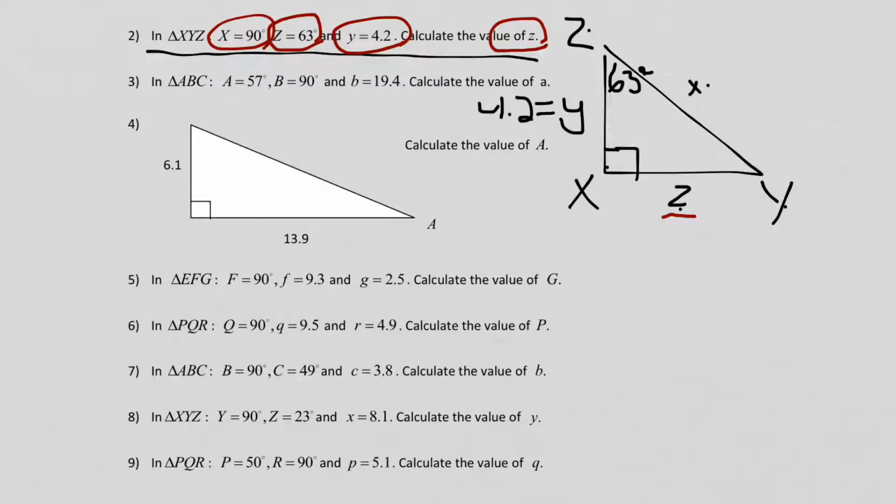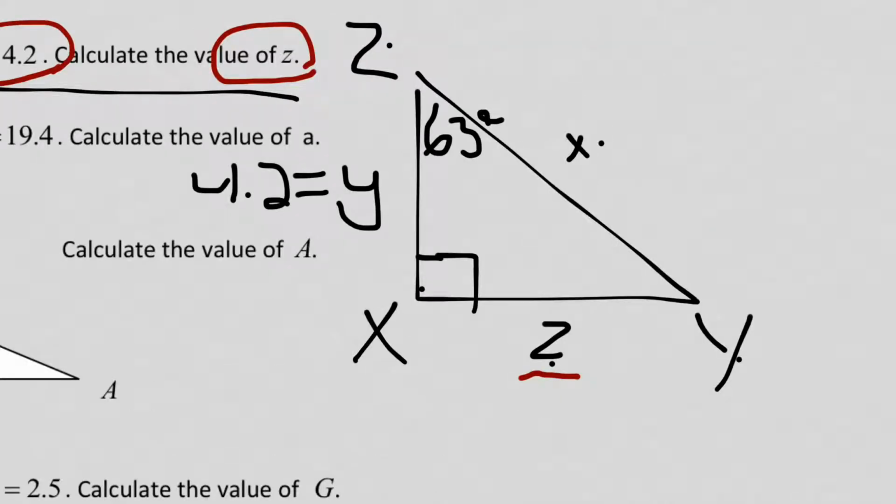The next important step is labeling the diagram. Across from our 90-degree angle is always the longest side in the triangle, the hypotenuse. Because we chose 63 up here as our reference angle, that makes this lowercase z over here our opposite side, because it's directly across from that angle.